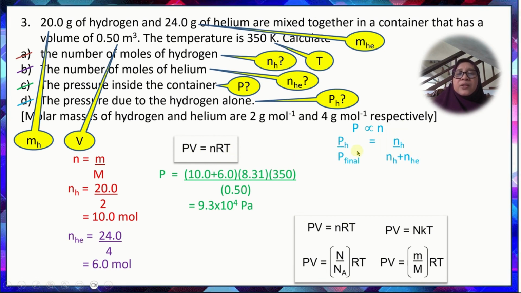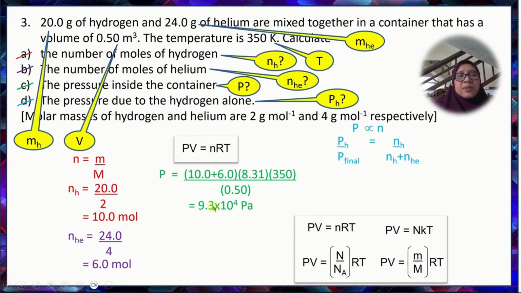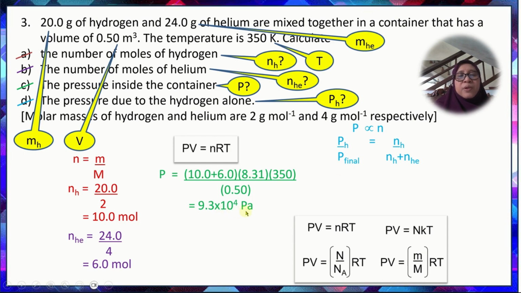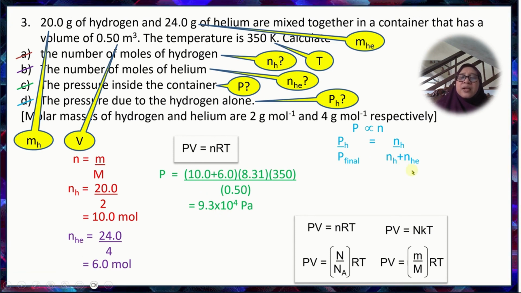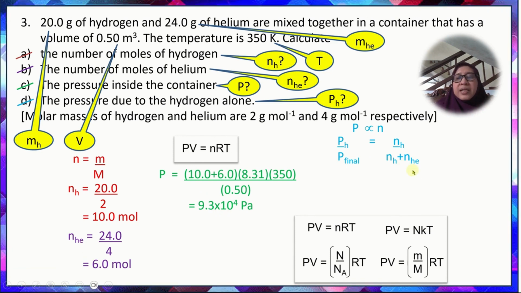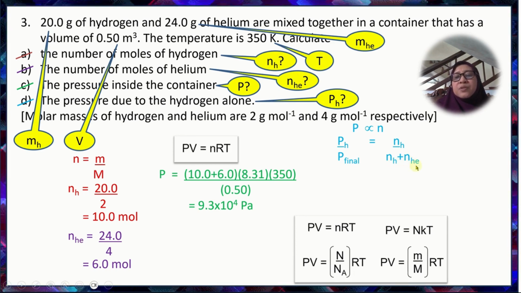So we can use P hydrogen over P total, or P final. P total is this one, 9.3 times 10 to the power of 4 Pascal. And then the number of moles for hydrogen divided by the number of moles for the total, which is the mix of the gas, so the number of moles of hydrogen plus the number of moles of helium.